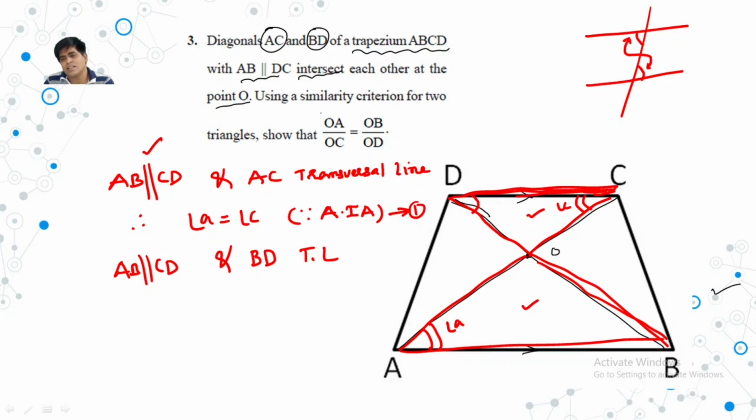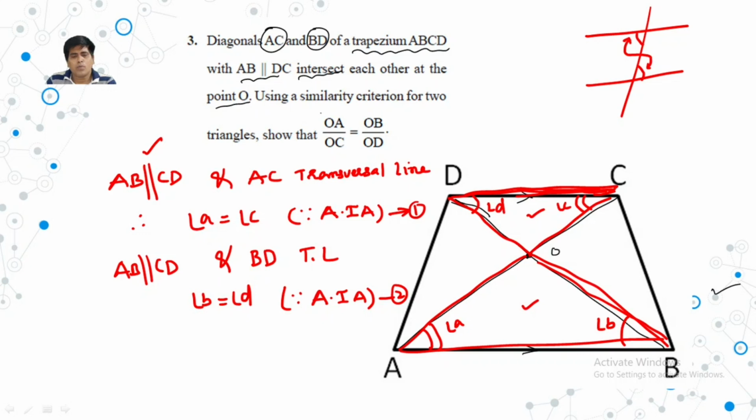This angle and this angle are equal. So angle B is equal to angle D. I am taking this as angle B and this as angle D. Why? Again, because alternate interior angles are equal. This is my second observation from the figure.